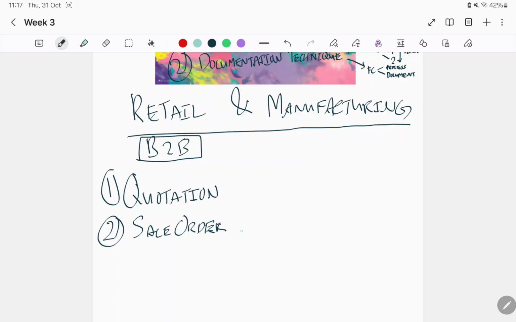We agreed upon the units, the product model, the product, the units, and then the price, the amount.